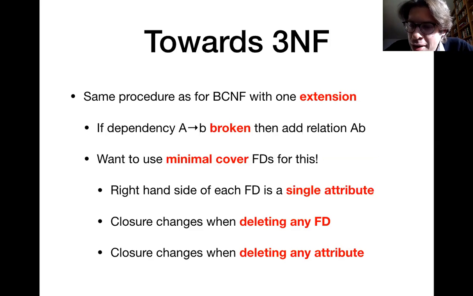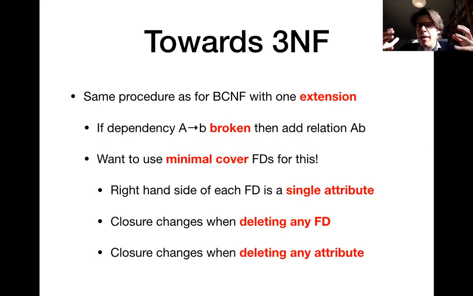And by broken, I mean that in order to verify the functional dependency, you would have to include attributes from different relations, unless you add the new relation, which contains all the specific attributes you're interested in. In that case, you can just verify using the data from the new relation and you don't have to do any joins.